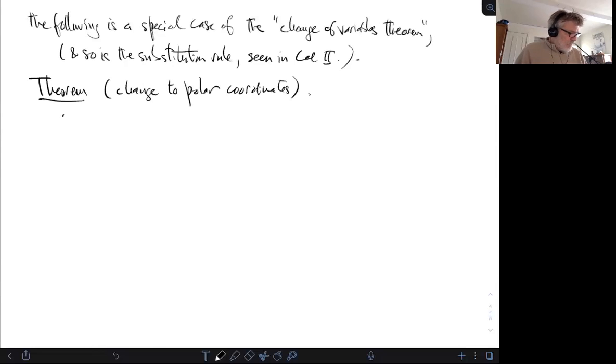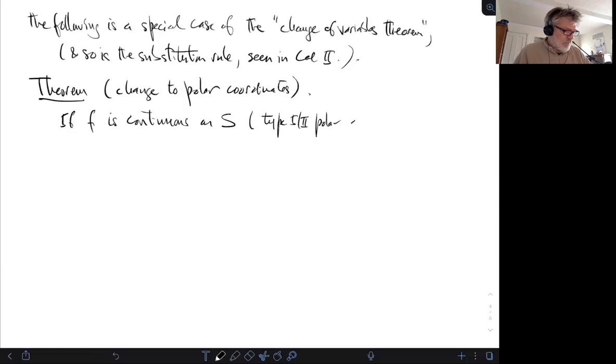If f is continuous on S, type 1 or 2 in polar as above, so I'm going to use exactly the description that I gave you just before, then the double integral over S of f, which is usually what we want, can be computed as follows.